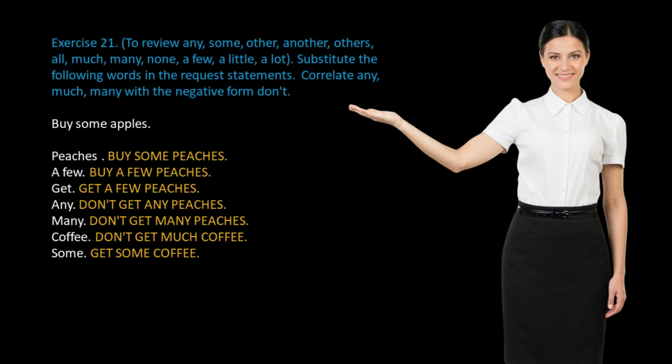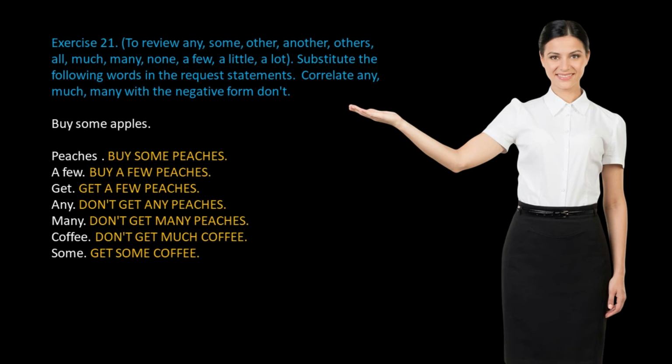Exercise 21. To review any, some, other, another, others, all, much, many, none, a few, a little, and a lot. Substitute the following words in the request statements. Correlate any, much, and many, with the negative form, don't. For example, Buy some apples. Peaches.